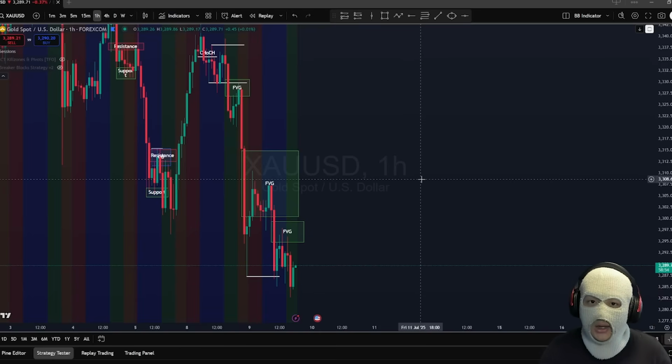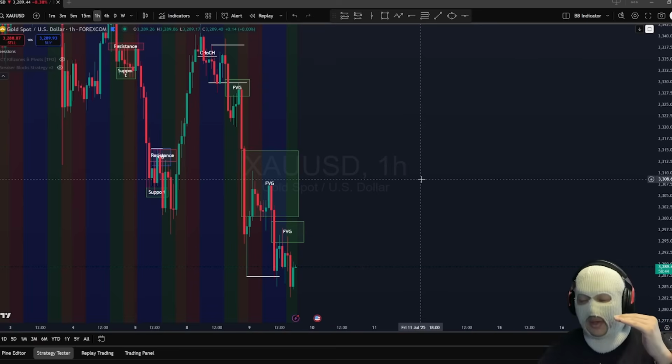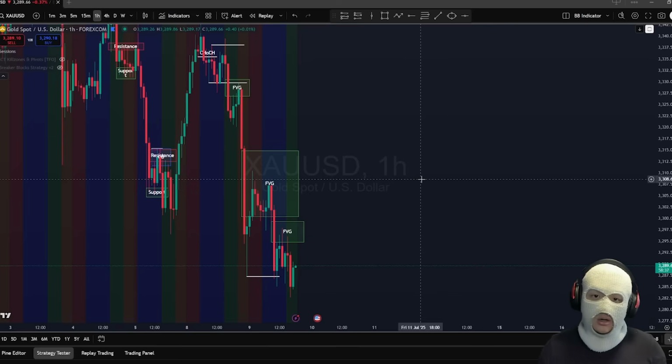Number one, 15-minute clear support resistance zones. Number two, 1 hour no structure breaks. Number three, session highs and lows being respected. You see any one of these three, you know that you are currently ranging, and you look to play within the range.